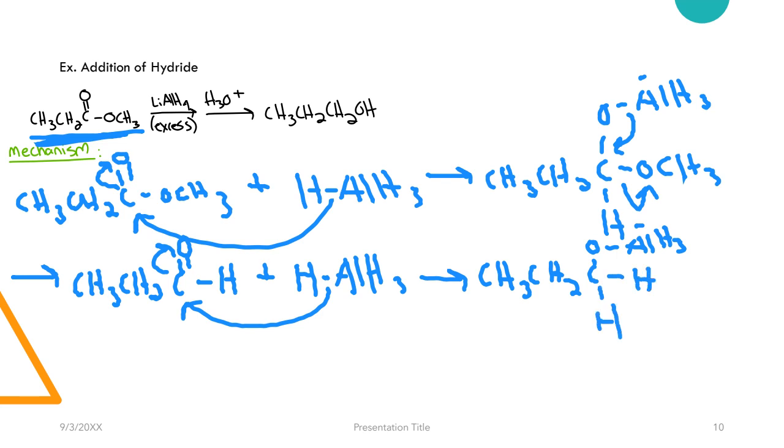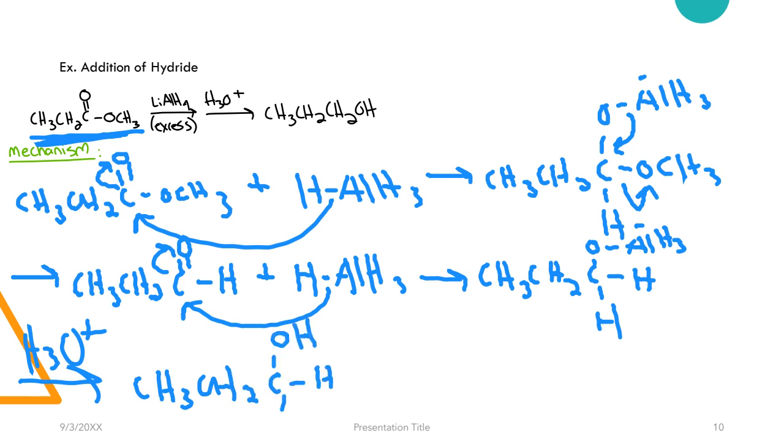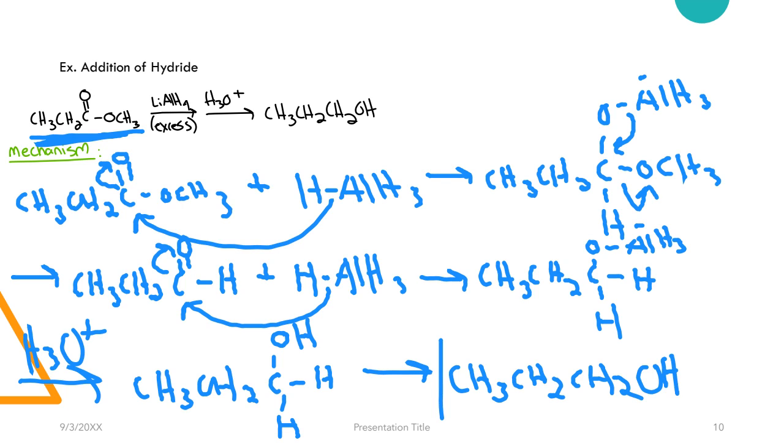So now I can work up because there's nothing else I can reduce. When I wash off with a dilute acid, that'll get rid of the aluminum and protonate the oxygen. We end up with this, which is just propanol, right? Make sense? All good?